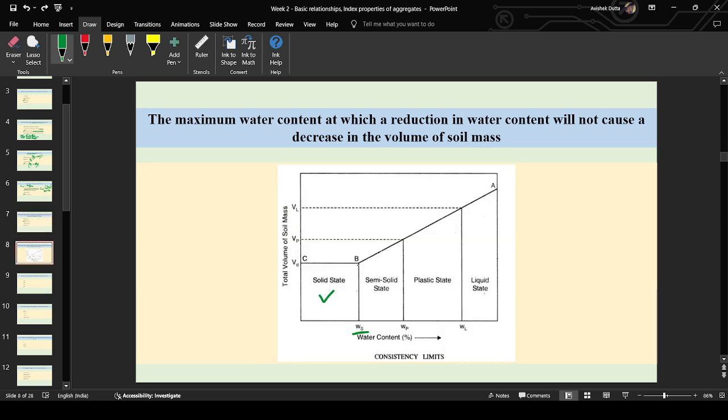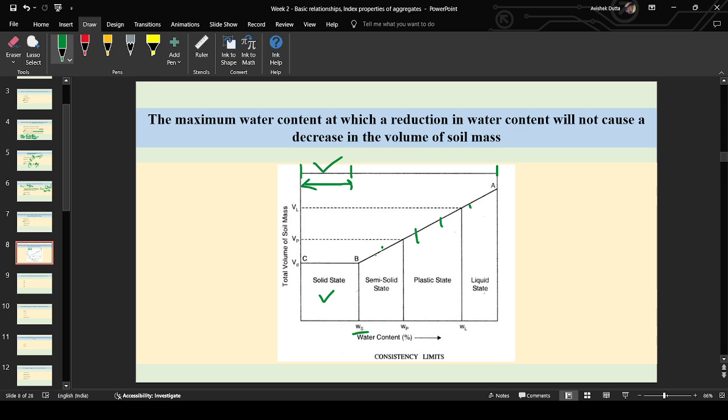See, the increment in the volume is from here to here, but the decrement is from here to here. So which part will be more specifically, correctly observed? This part, right? Because here our focus might get diverted in any of this section. So the smaller the range, the more we can focus. Here we are going on adding water.